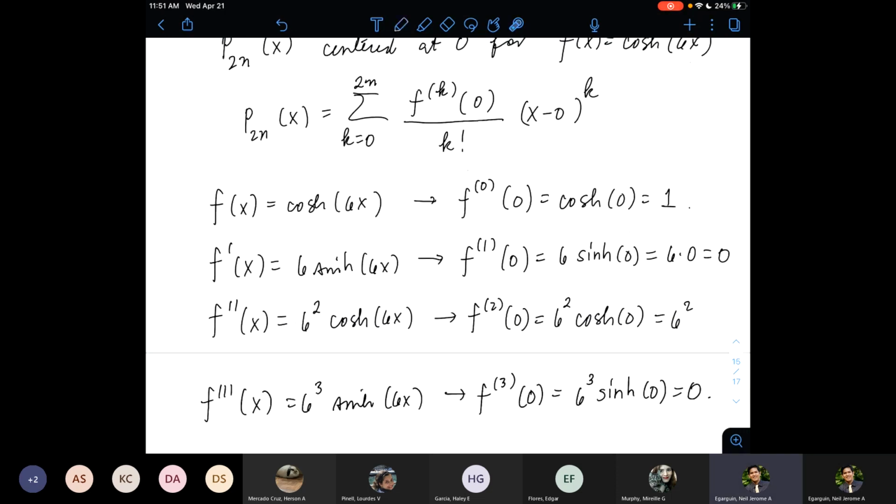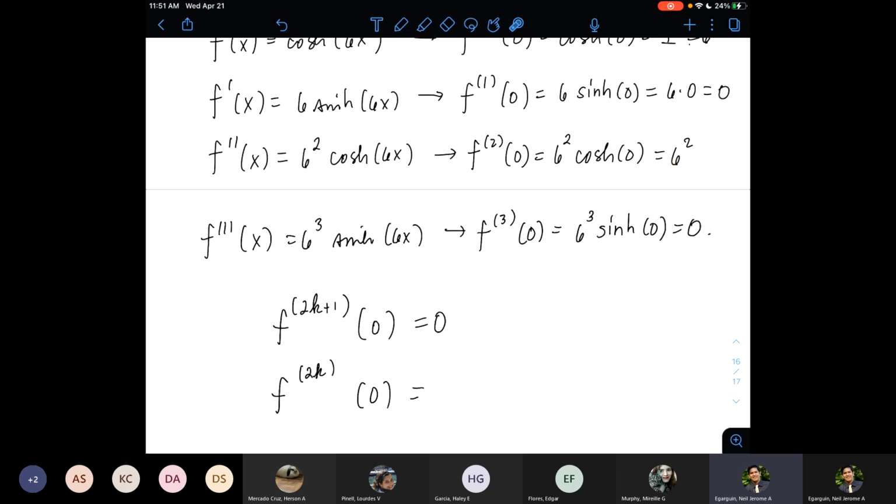The 0th derivative is 1, which is the same as 6 to the 0. The second derivative is 6 squared. Imagine what will happen for the fourth derivative. The fourth derivative will be 6 to the 4th, and so on. So I know that the 2k-th derivative will be 6 to the power 2k.